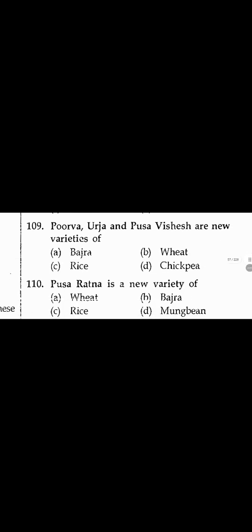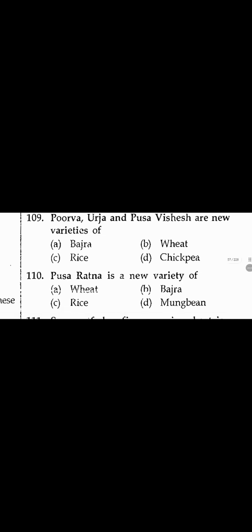Yes. Question number 109. Purva, Urja and Pusa Vishesh are the new varieties of, option B, wheat. Question number 110. Pusa Ratna is a new variety of, option D, mung bean. Yes, Ratna.